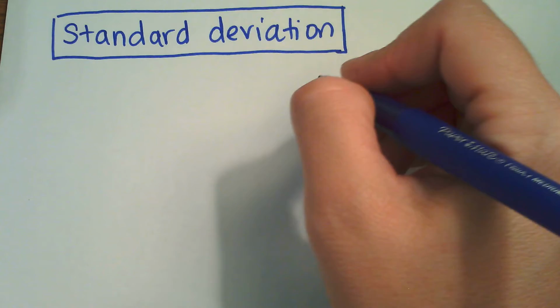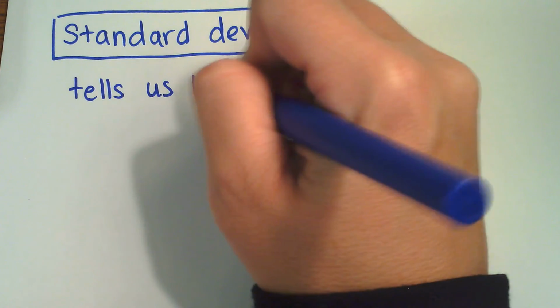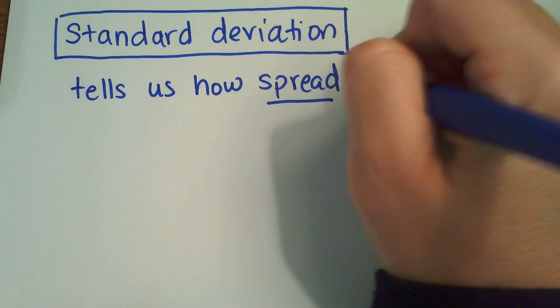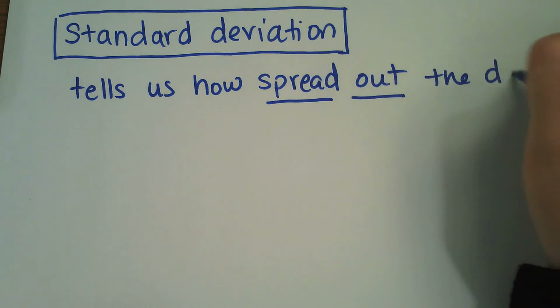So what they said in the video is that standard deviation tells us how spread out the data is.